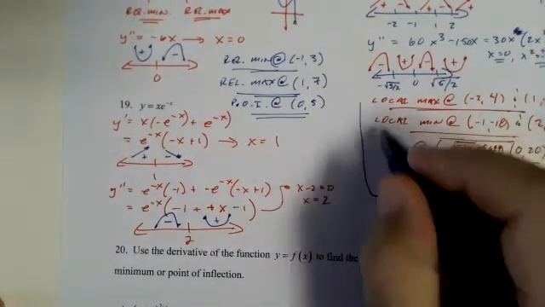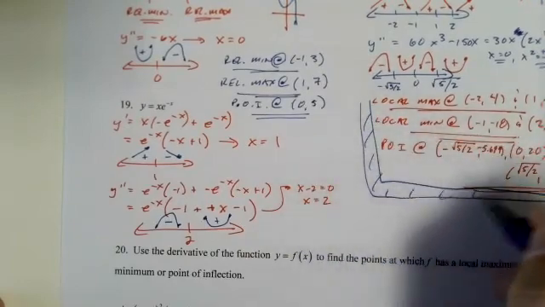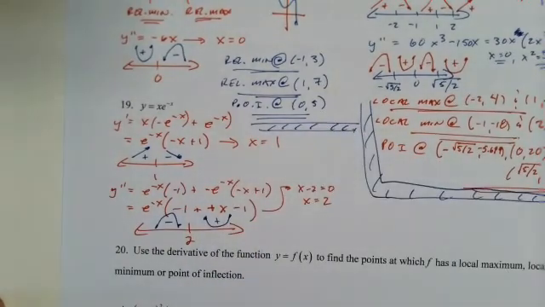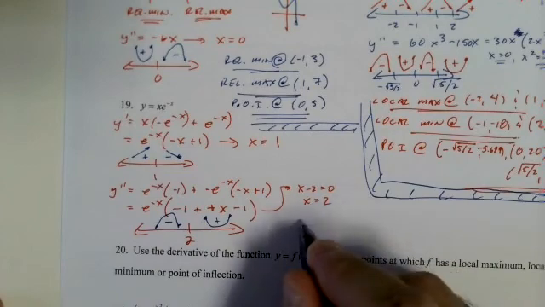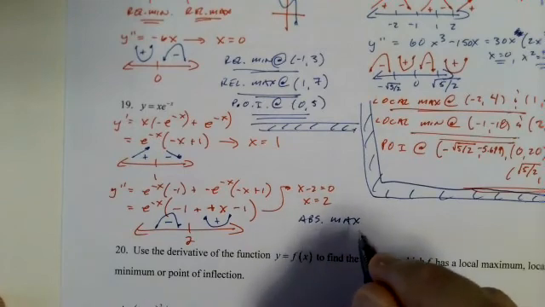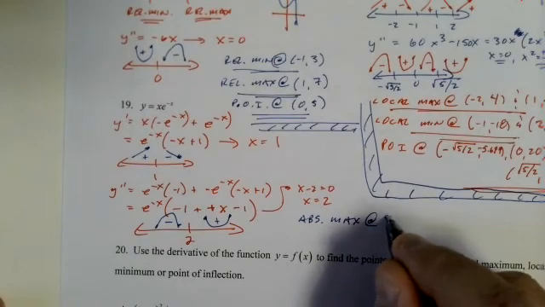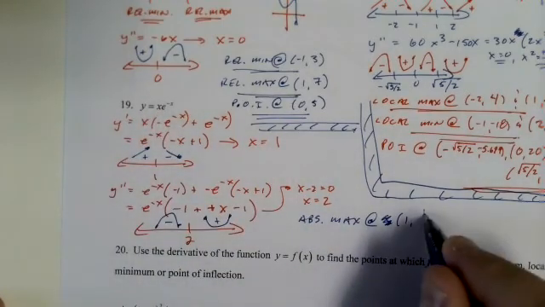So, cross-hatching. Let's see now. Should be an absolute max at 1, 1 over e.